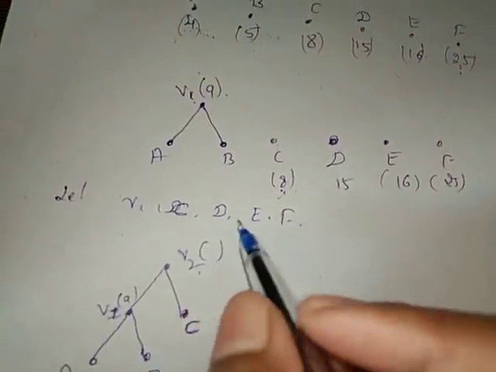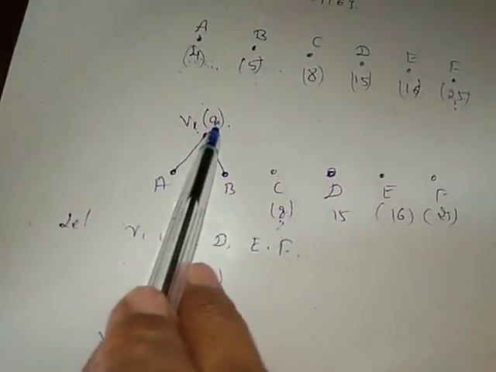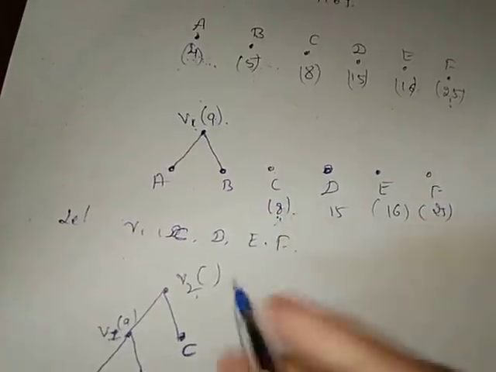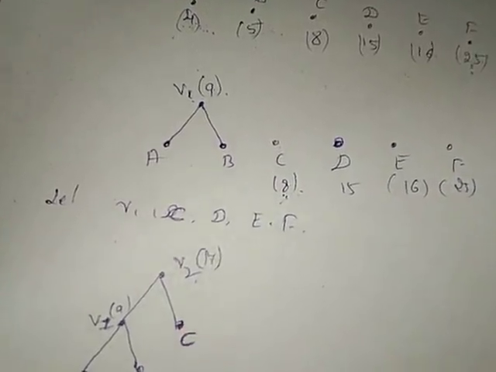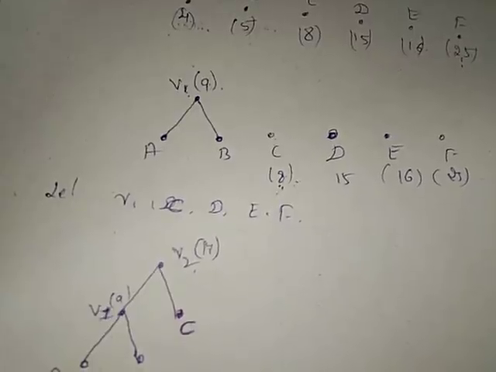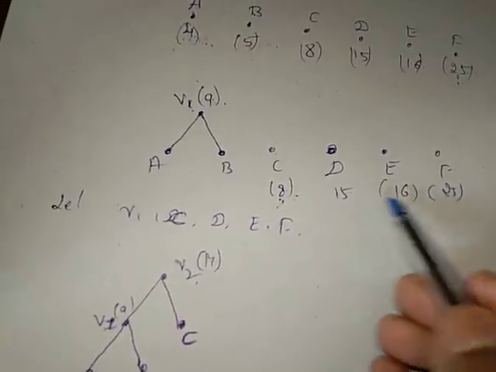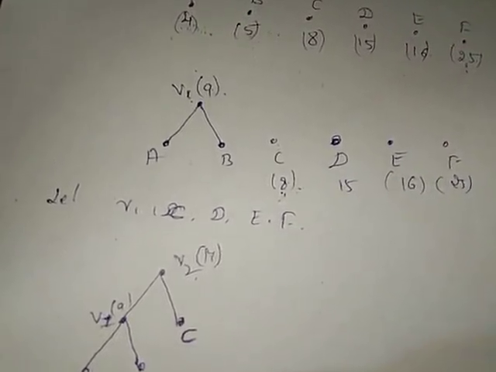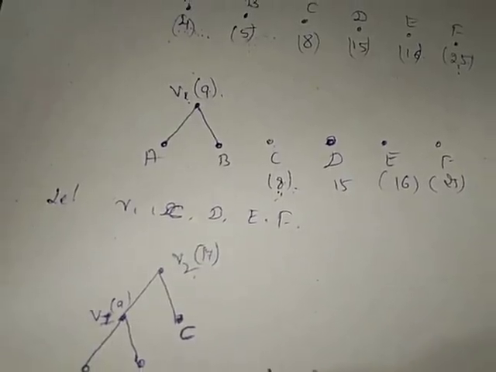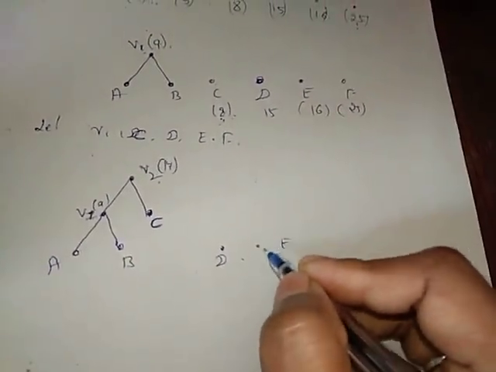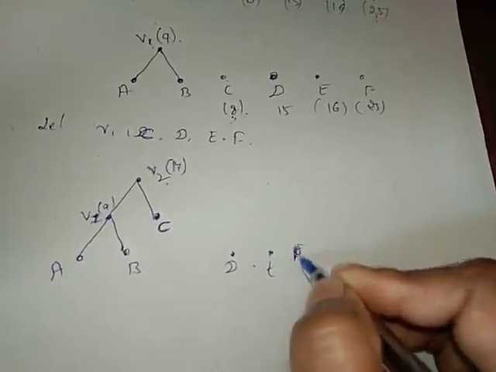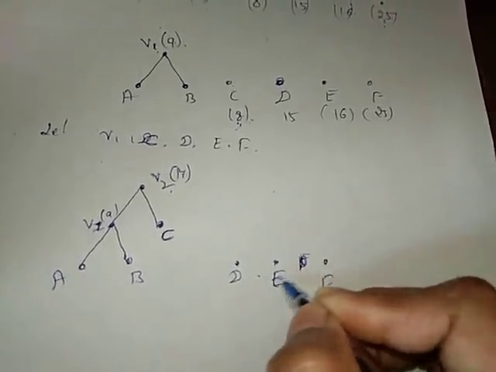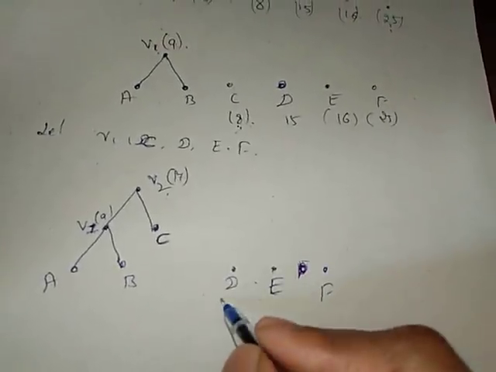We assign V2 the weight 9 plus 8, that is 17. And the remaining vertices D, E and F are kept as they are.